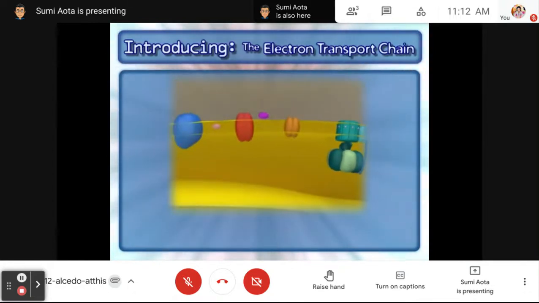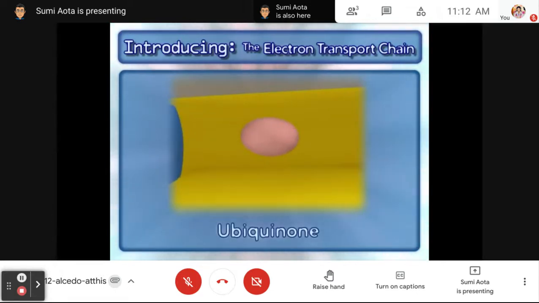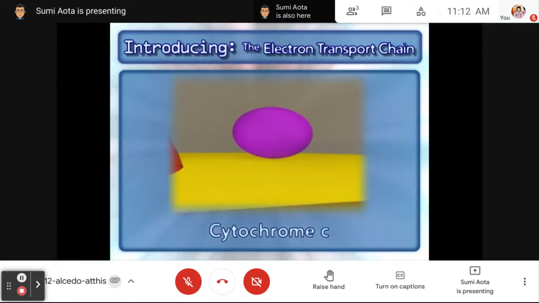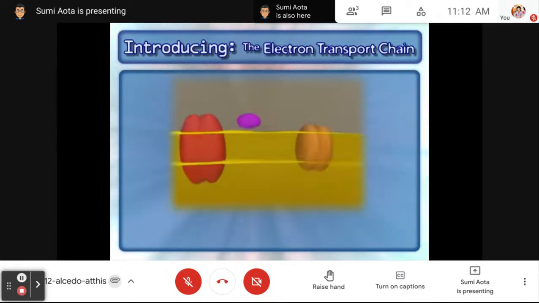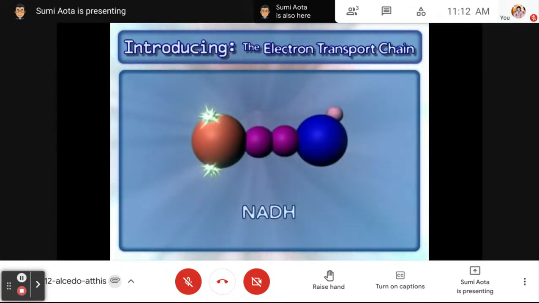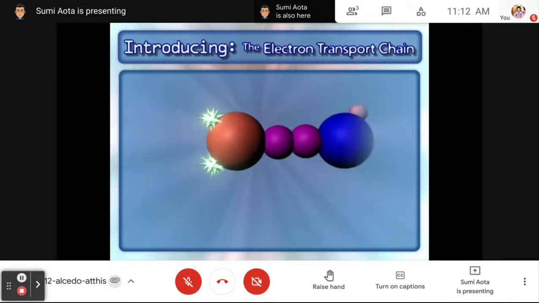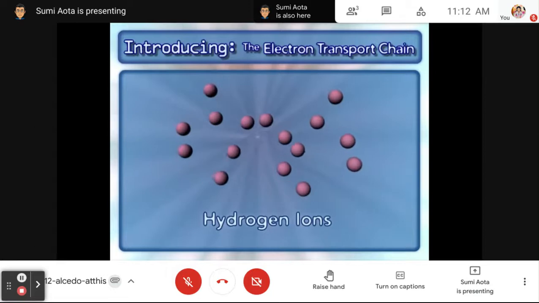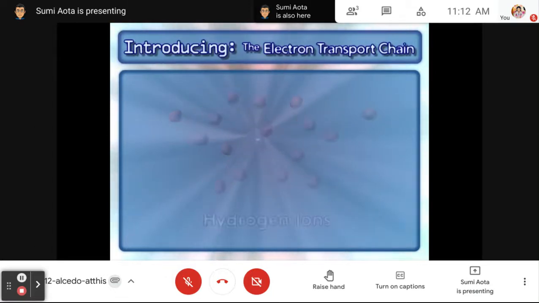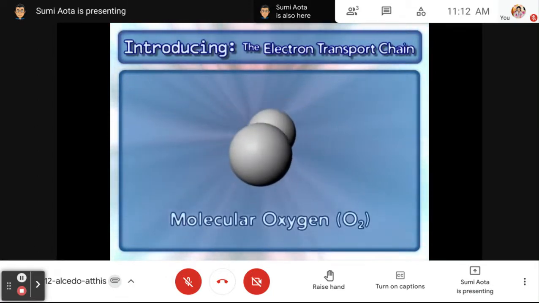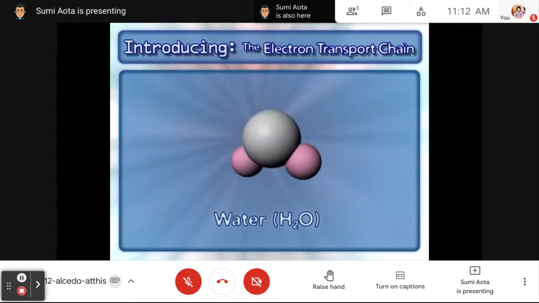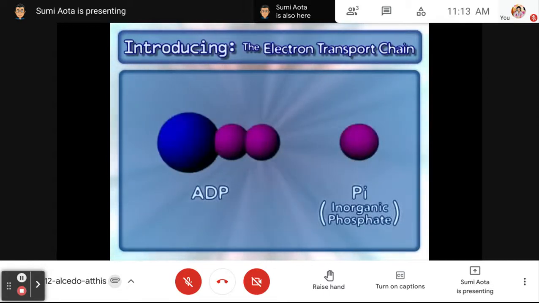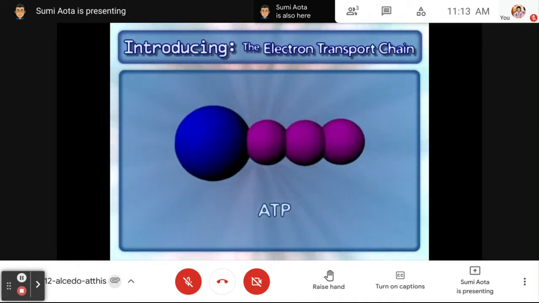In addition to these complexes, two mobile carriers are also involved: ubiquinone and cytochrome C. Other key components in this process are NADH and the electrons from it, hydrogen ions, molecular oxygen, water, and ADP and Pi, which combine to form ATP.